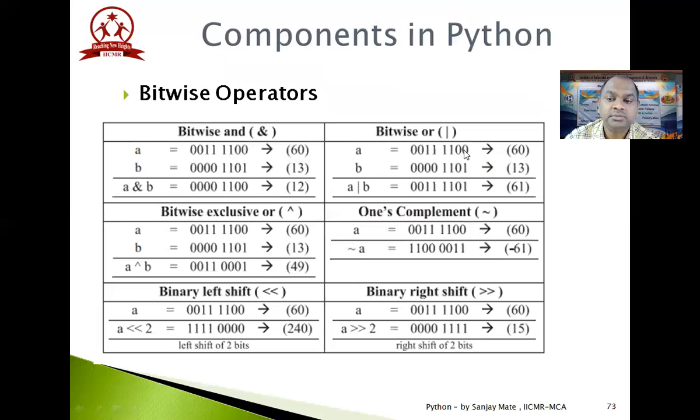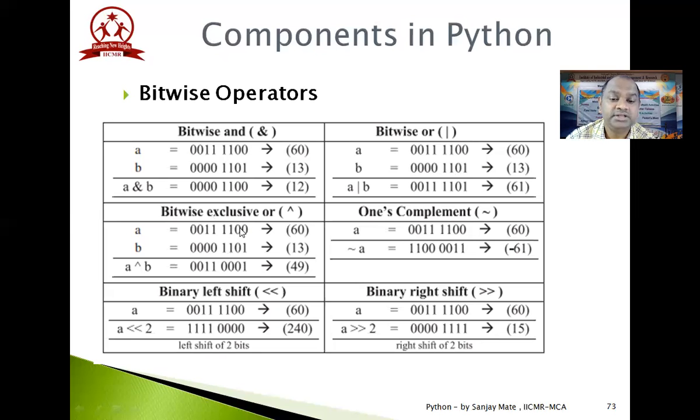In OR, if either of the two bits is 1, you will get 1. That is what OR is. For exclusive OR, if both bits are the same, you get 0, and if both bits are not the same, you get 1.